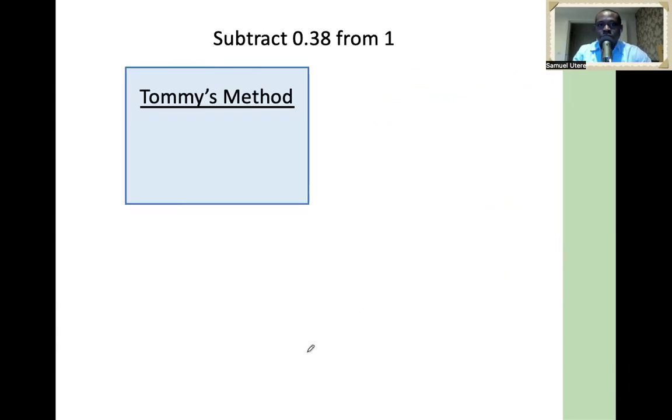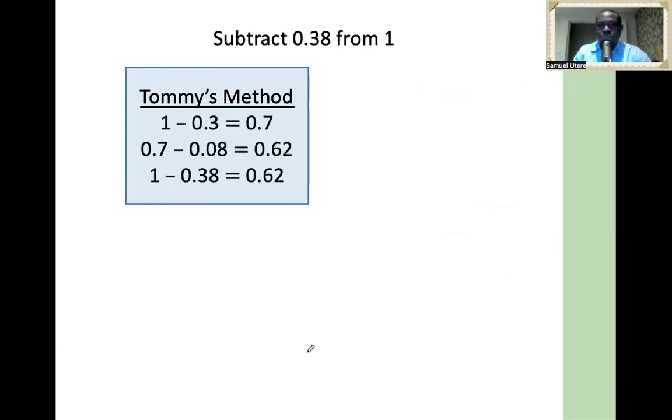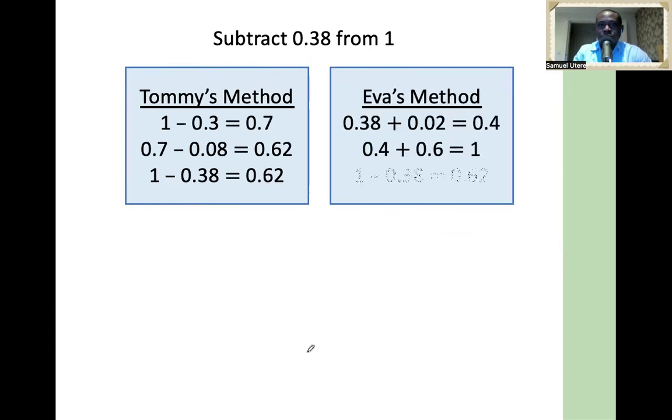So these are some ways you can partition numbers and work mentally to answer questions. Here are 2 methods for subtracting 0.38 from 1. All right. So different mental strategies. These are the strategies they used.